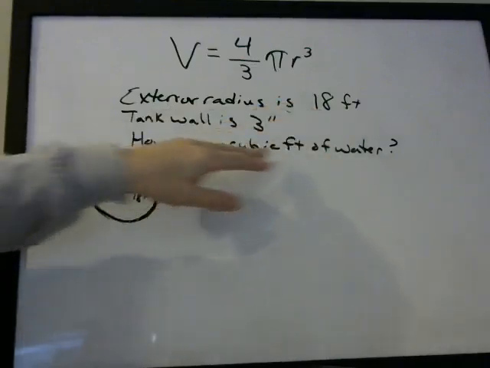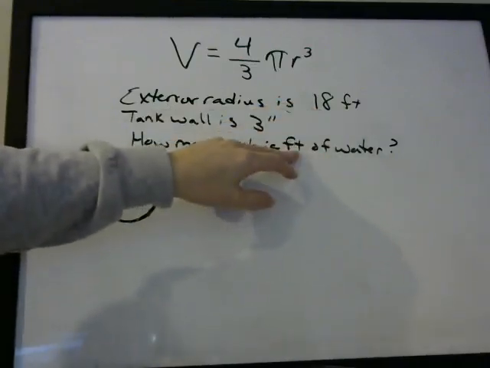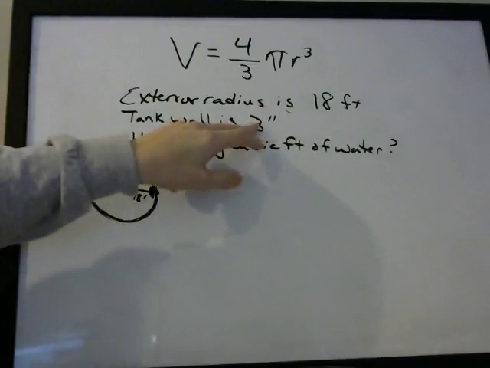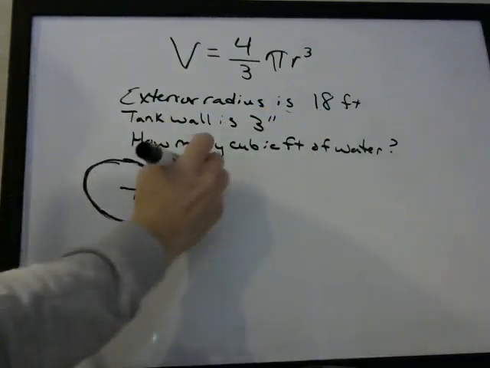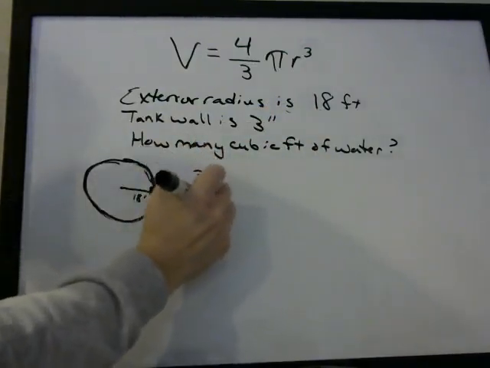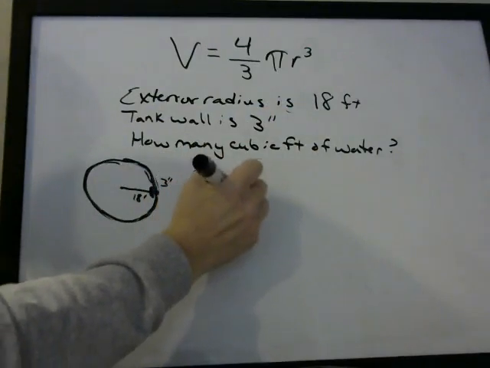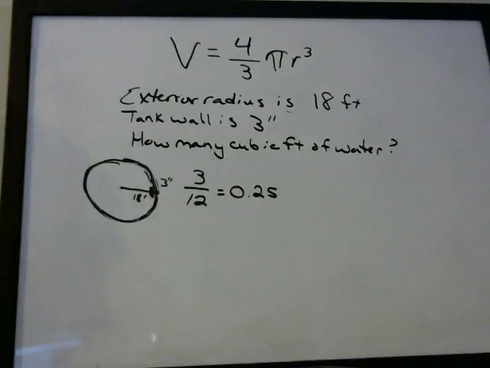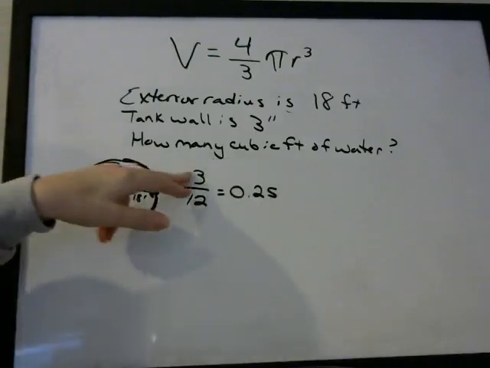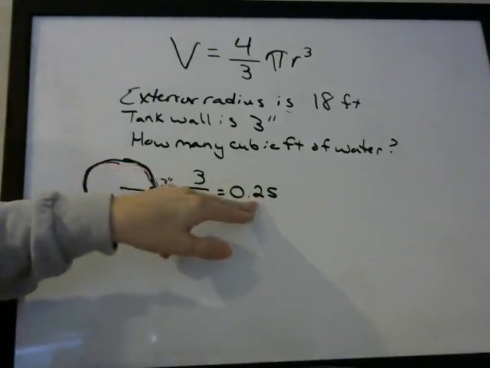Now our final answer is going to be in feet, so we want to put everything in feet. 3 inches is how many feet? Well, there's 12 inches in 1 foot, so all you do is divide by 12. 3 divided by 12, you put that in your calculator, and you get 0.25. So 3 inches is really 0.25 feet.